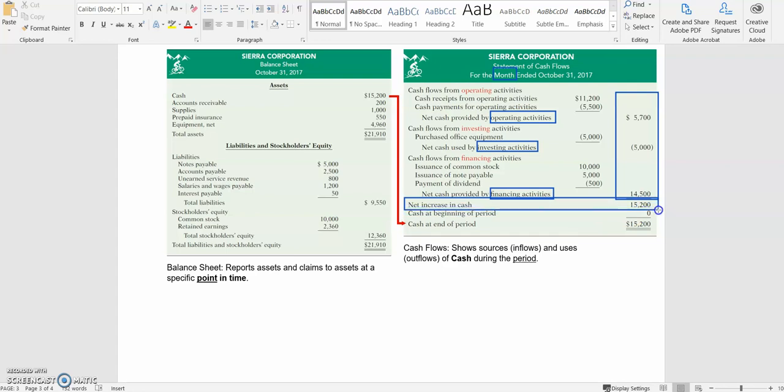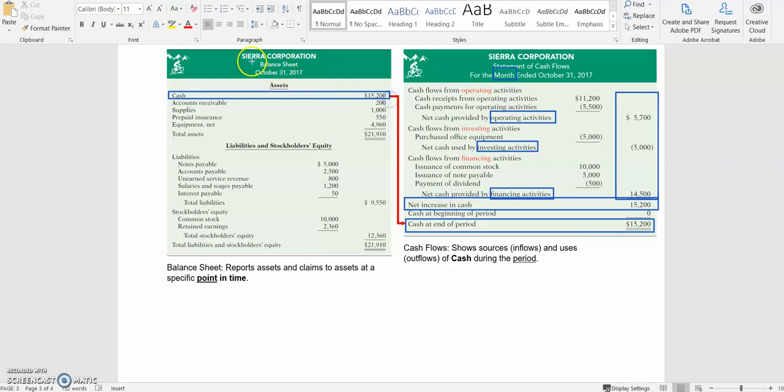And basically want to know, how did we get cash? How did we use cash? And at the end of this statement of cash flows, this needs to match or reconcile to the cash balance on the balance sheet. So that is the relationship between the statement of cash flows and the balance sheet.